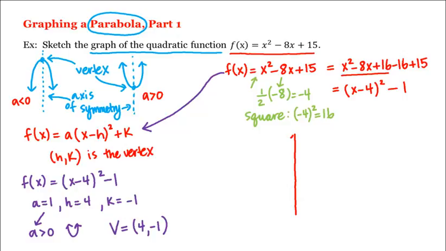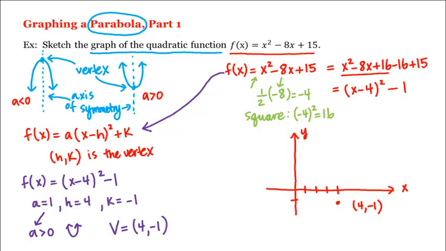Let's say that this is the y-axis, and this is the x-axis. And let's say that this is 1, 2, 3, 4, and that this is negative 1. Then our vertex is here at (4, negative 1).